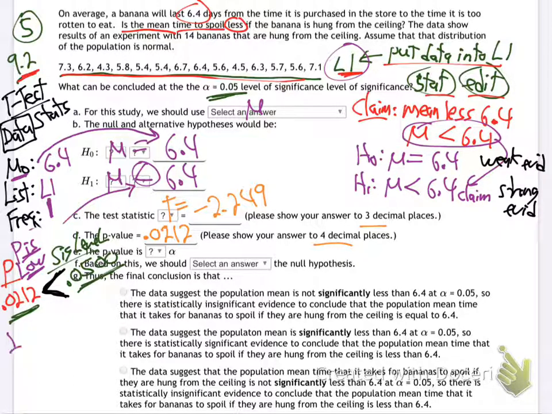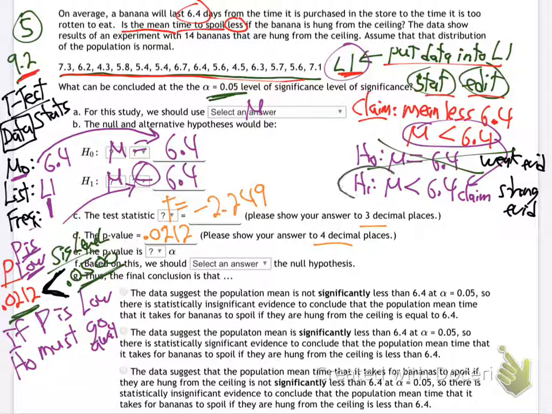So you know what that means, right? If the P is low, H0 must go, and we mean go away. So I'm going to go back and cross out the H0. The H0 goes away, and I keep the H1, don't I? If the P is low, the null must go away.